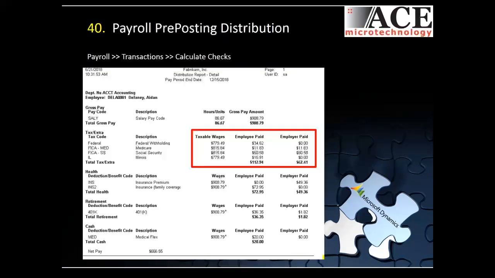This runs automatically for you after you run calculate checks, and this is kind of a sample of the report that comes out. You can see that the taxable wages for each individual person is X, and it's calculating a certain amount of what the employee will pay, or even what the employer pays on anything that's matching.